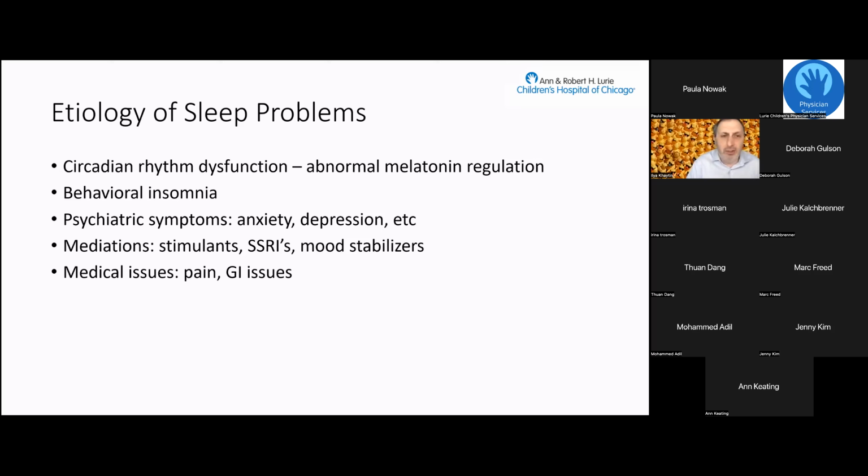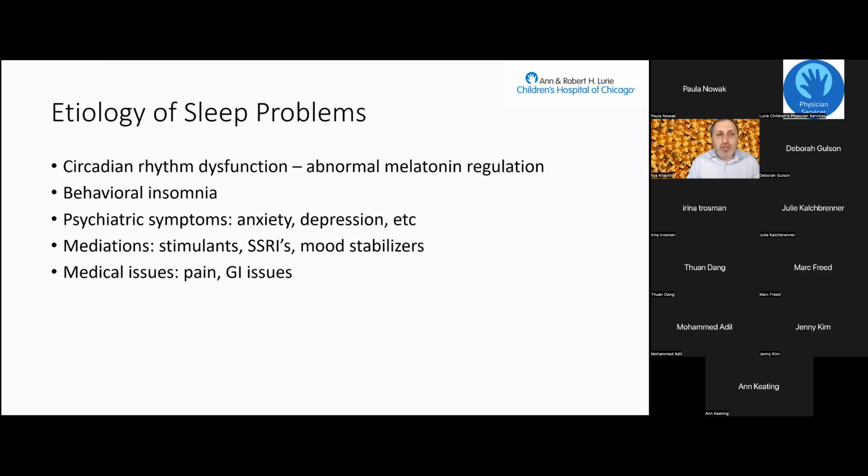Some of the proposed mechanisms are dysregulation of circadian rhythm, and abnormal secretion and timing of melatonin. Many children have behavioral issues spilling out into behavioral insomnia of childhood. Many of them have comorbidities of anxiety, depression, oppositional defiant disorders, which again spill into difficulty of getting a child to sleep.